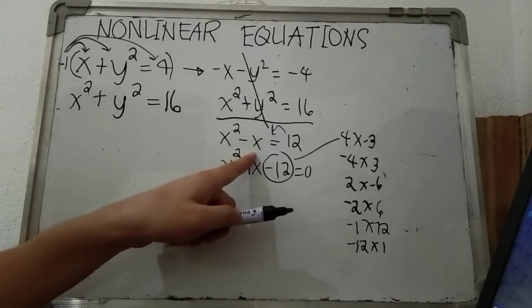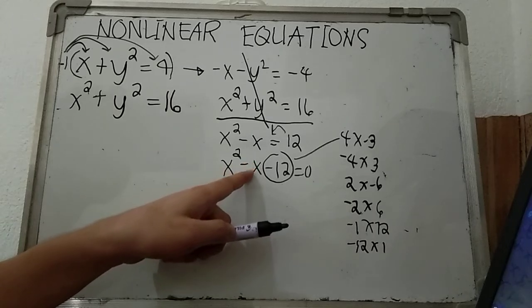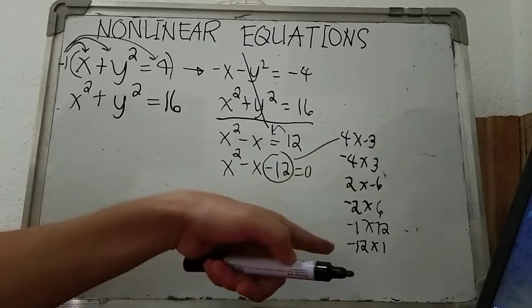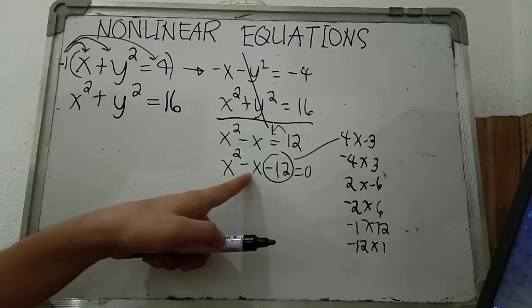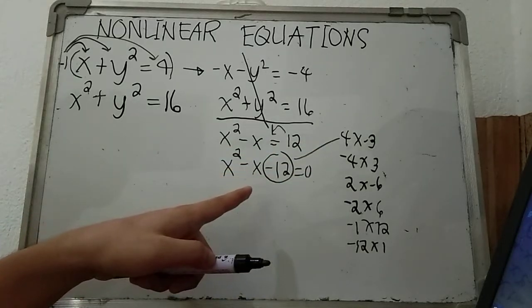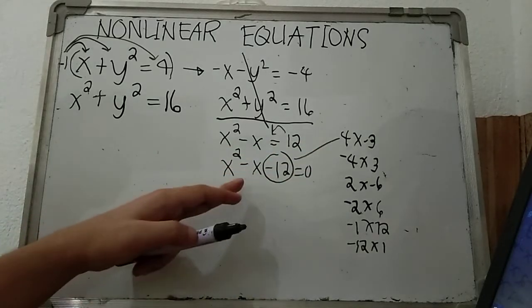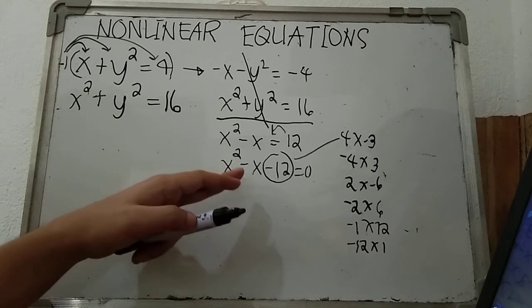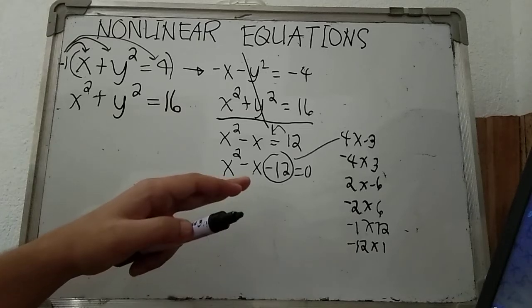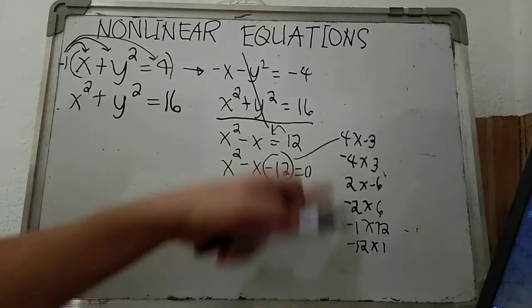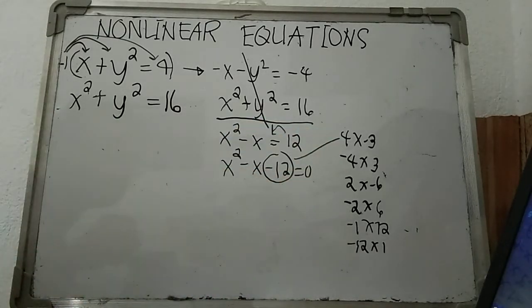Now, if you add the factors, make sure that the sum will be -1. If that is the case, then the two numbers are the factors of the quadratic equation that we arrived at, the standard form equation. Which of the 6 factors will give a sum of -1?